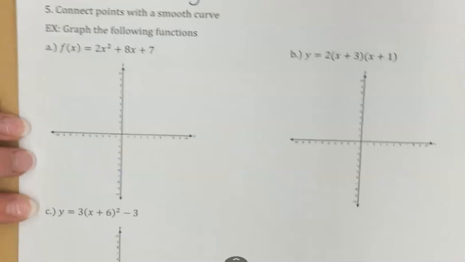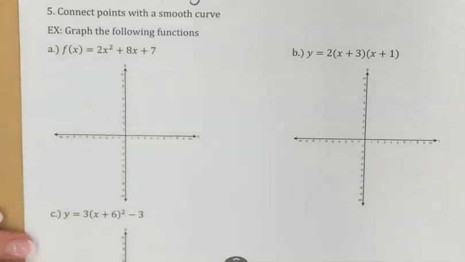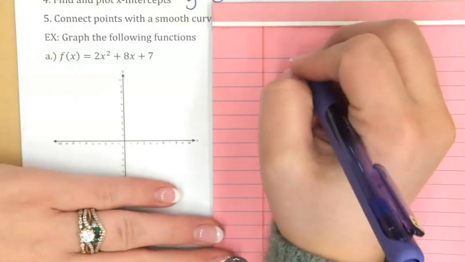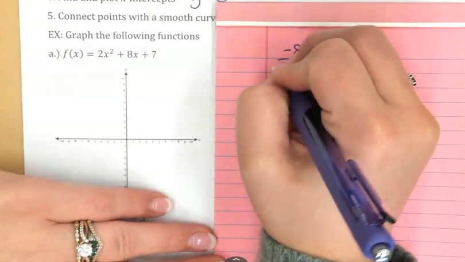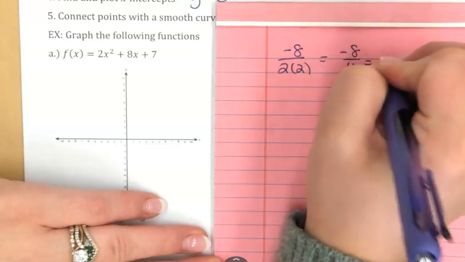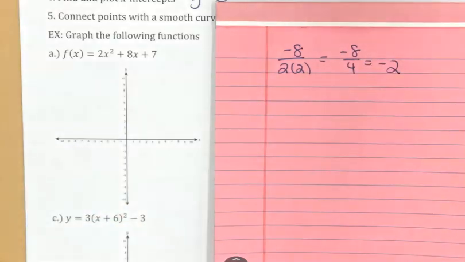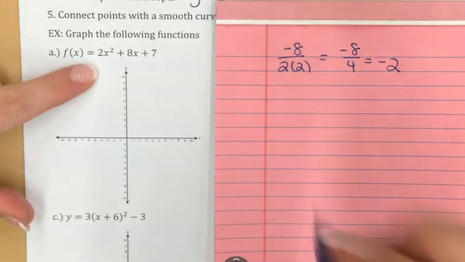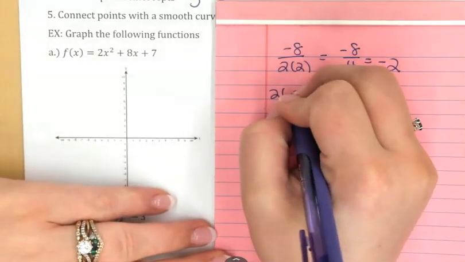I have standard form, which means that to find my vertex, I'm going to have to use my vertex formula. So for this one, that is going to be -8 divided by 2 times 2. And -8 divided by 4 does give me -2. So that is the x-coordinate for my vertex. To find the y-coordinate, I'm going to plug in -2 for x into my function.